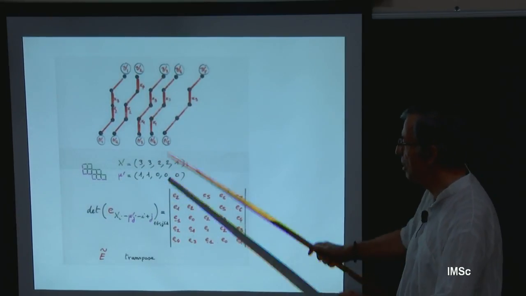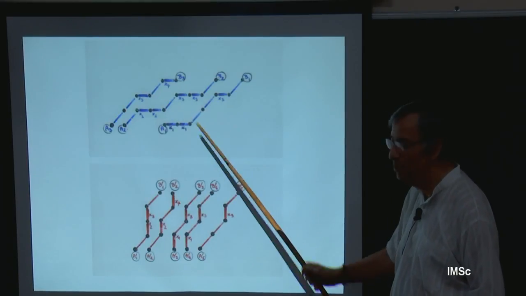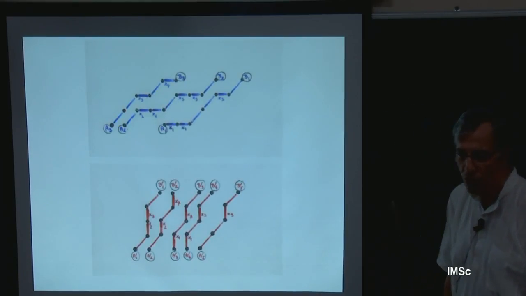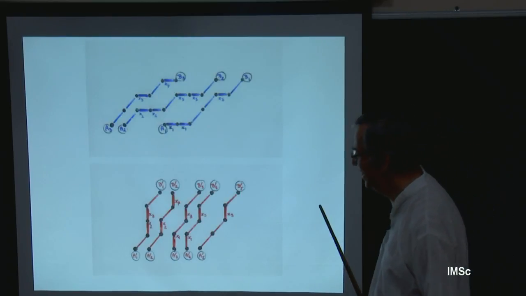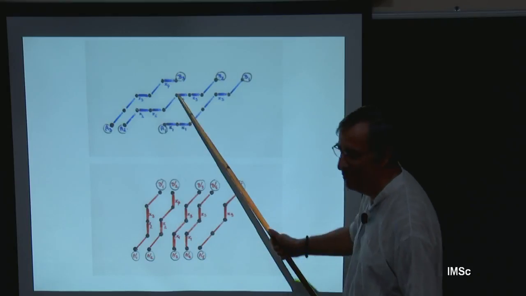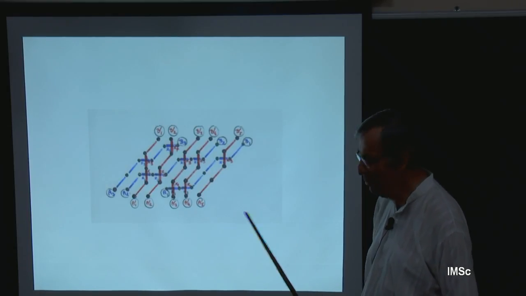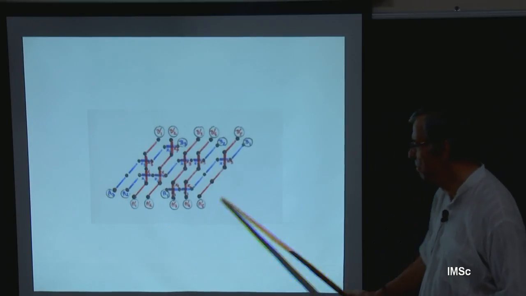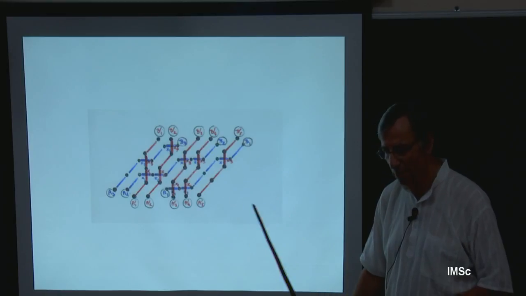So I give you this extension because I like to put these two configurations of paths together. You see, you put the red configuration on the blue configuration. And this is a beautiful example of what can be called the duality of paths or duality of configurations.